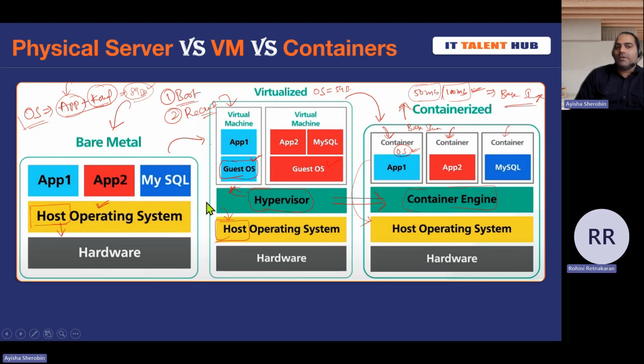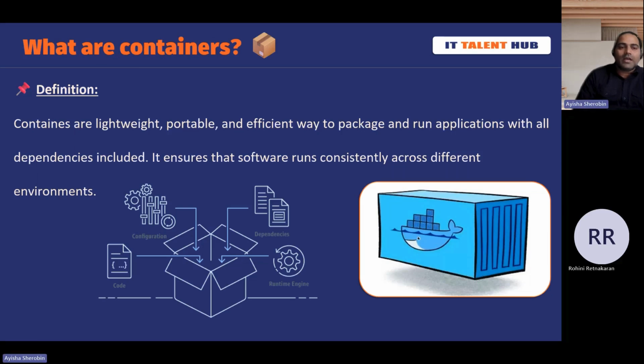So this is the difference between bare metal, virtualization, and also containerization. And what are actually containers here? Containers are like a kind of box in which we add all of the required things, right? So we can arrange all of this into a single box and call it a single unit.